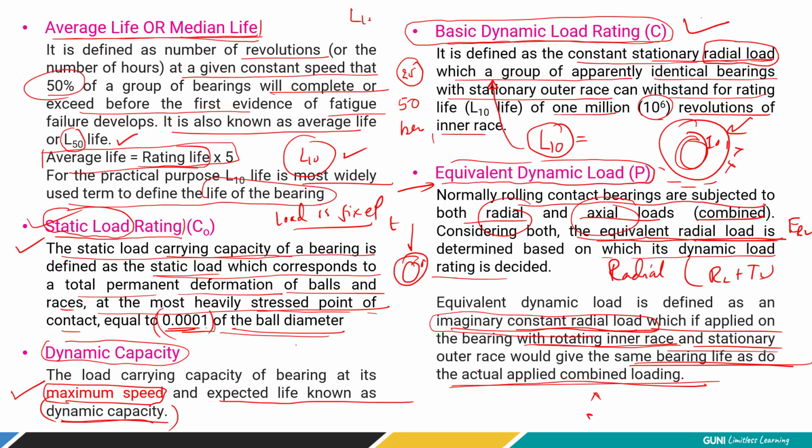And if they survive 10 raised to 6 revolutions, that is 1 million, which is 10 lakh, then 90% of the group of bearings must survive under this condition. That load applied in that condition is referred to as the basic dynamic load rating, right?